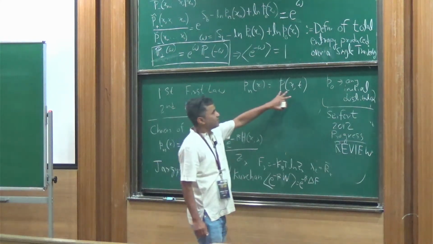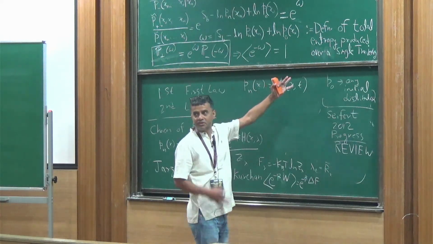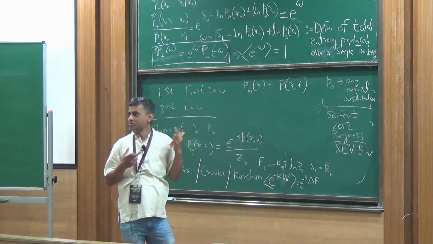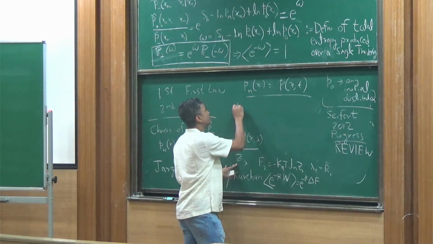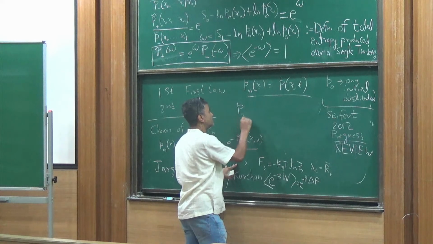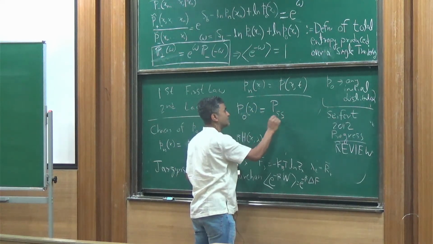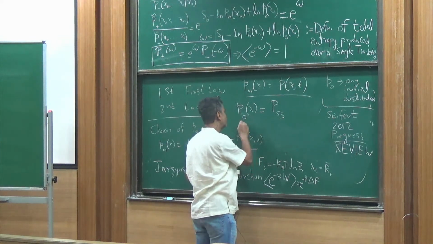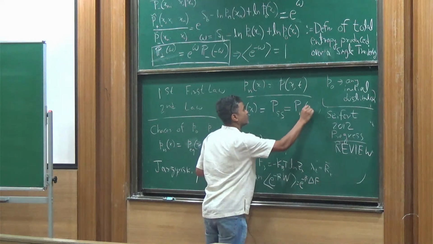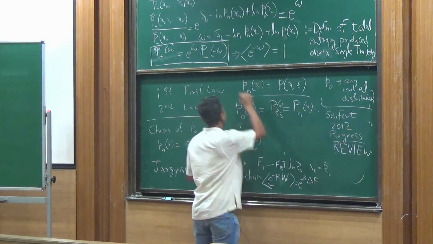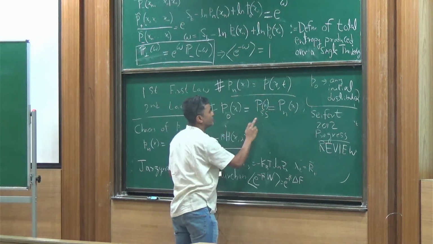This is one choice, but I think you can't get much out of it. The other choice that is also useful is to take P0 of x as P steady state, and also Pn. So what does this mean?